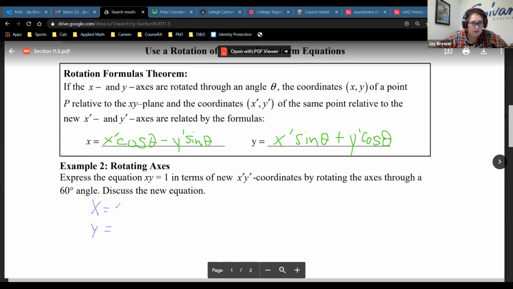So we're going to go ahead and find x equals x prime cosine, the theta we were given was 60 degrees, minus y prime sine 60 degrees. And then it's very similar. We have y equals x prime sine 60 degrees plus y prime cosine 60 degrees.